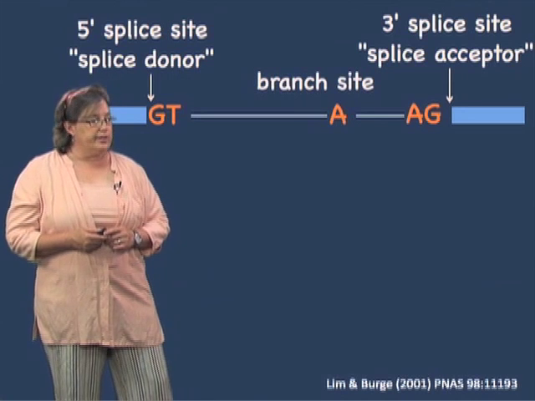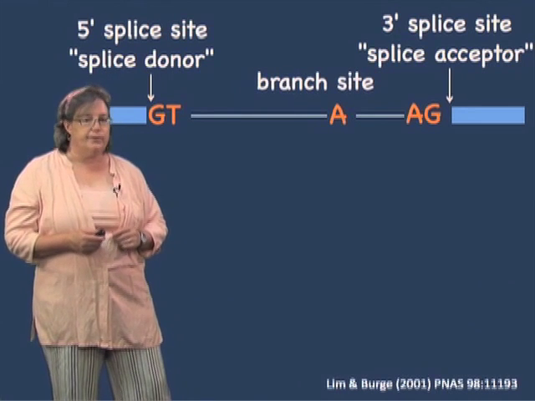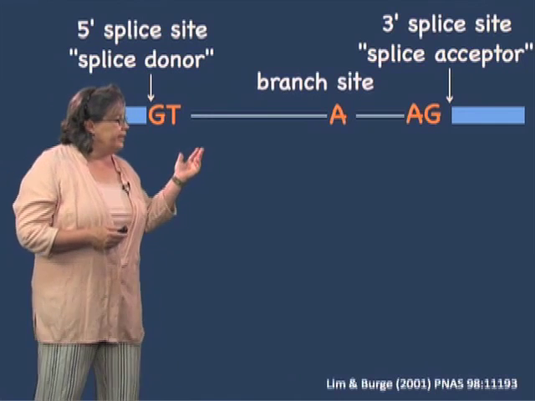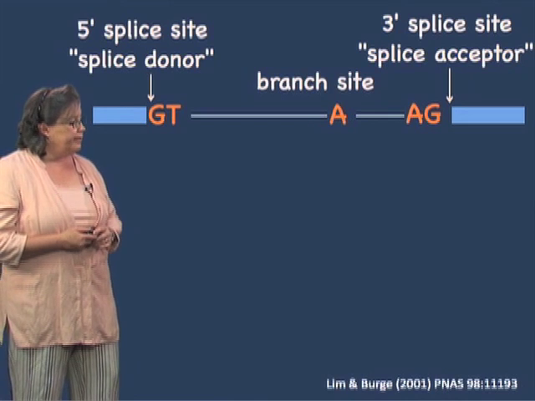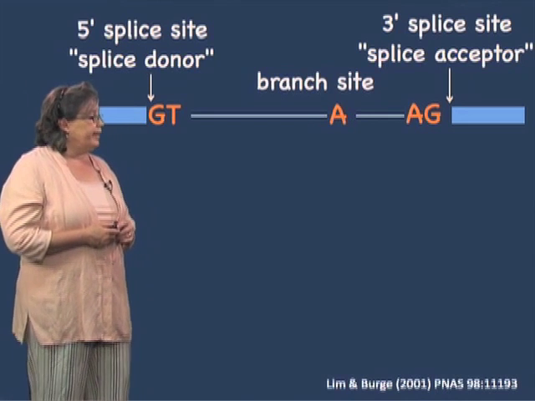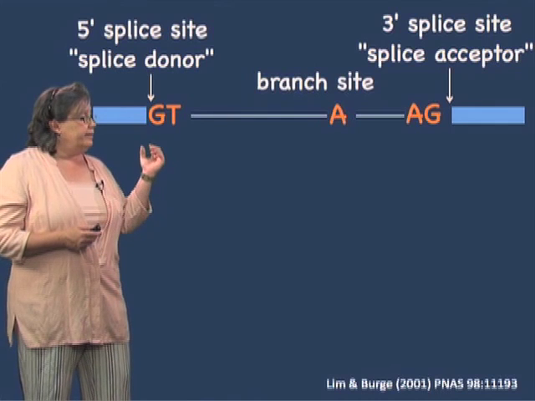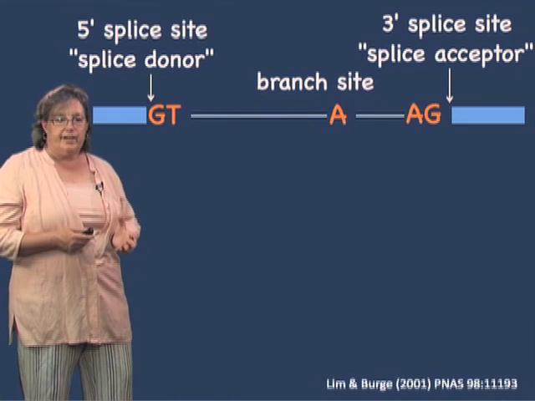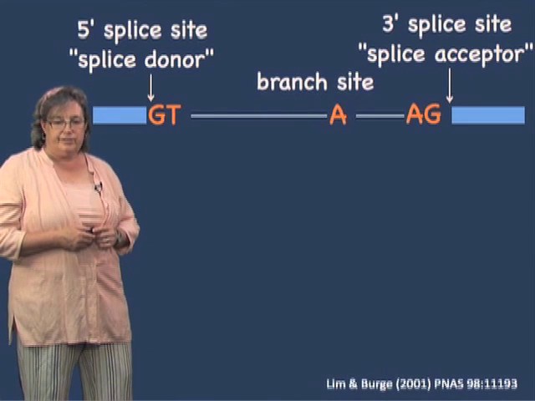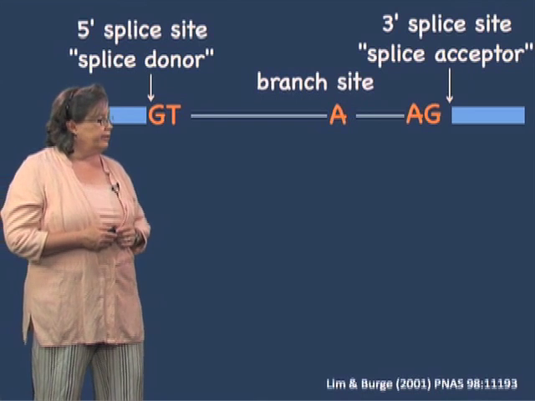So introns have the following structure. The 5' end, or the beginning of the intron, is many times called a splice donor, but splicing researchers tend to call it the 5' splice site. In 99% of genes, it is signified by a GT as the first two nucleotides of the intron.